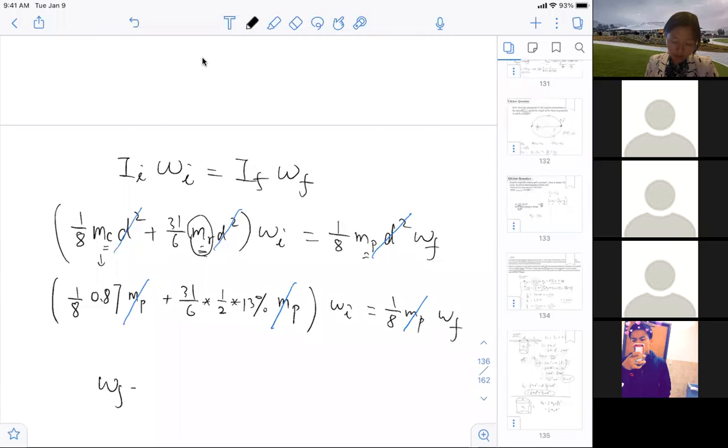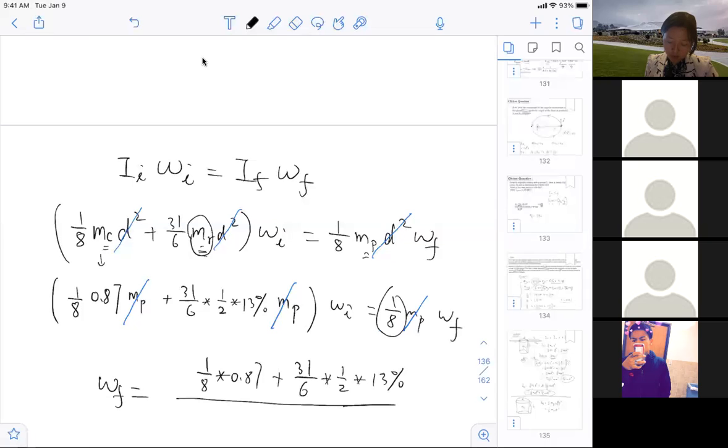My omega final is equal to 1/8 times 0.87 plus 31/6 times 1/2 times 30%, divided by this 1/8, times omega initial, which is 81 RPM.